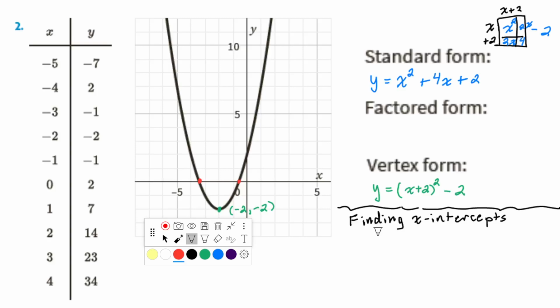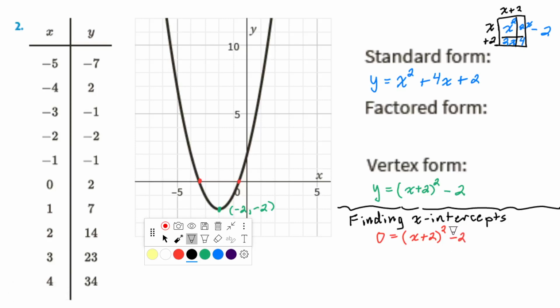So we end up with 0 equals x plus 2 squared subtract 2. And I'm going to use inverse operations to solve this.